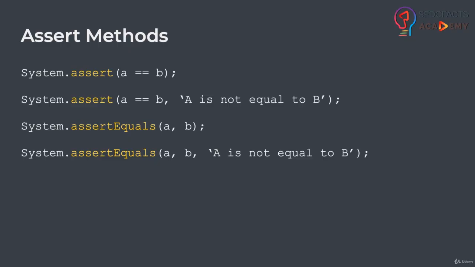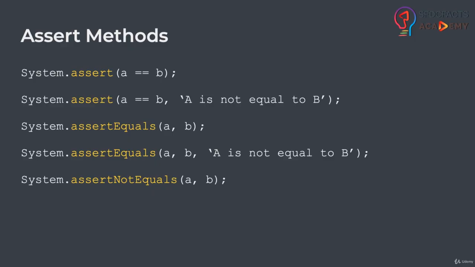Now exactly opposite to this assertEquals method, we have also got assertNotEquals. So here let's say if your method outputs anything except 100, then that's a correct output. And if it returns 100, then that's not a correct output. So it will simply say if A is not equal to 100, then your test passes, else your test will fail.